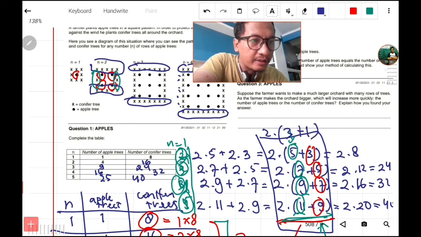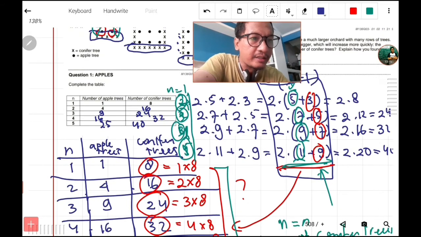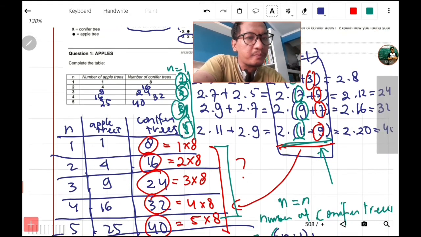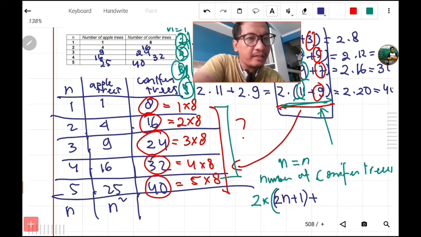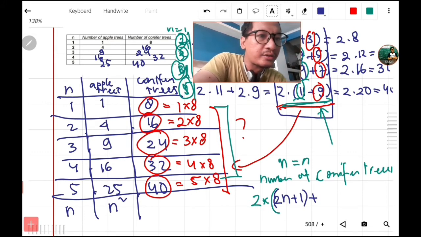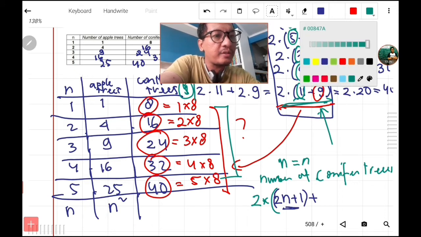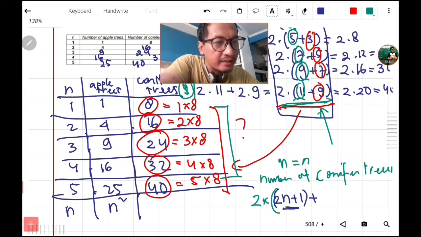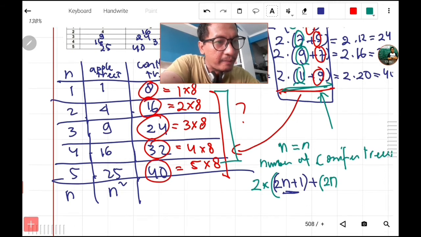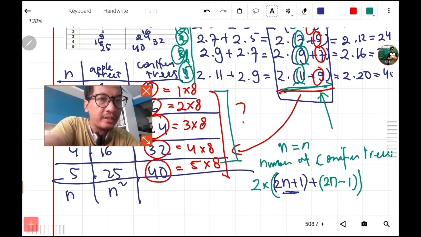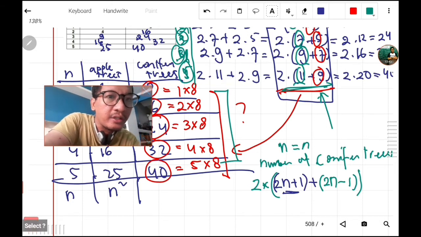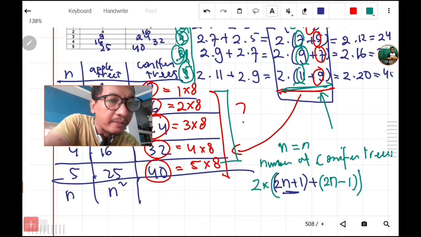This is 2 times n plus 1 minus 2, right? So we can say that this is 2 times n minus 1. When n is 3, 2 times n minus 1.